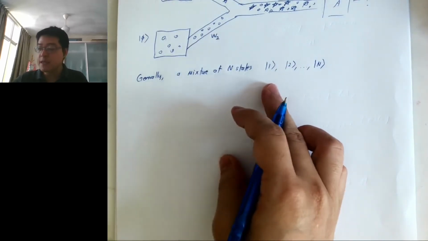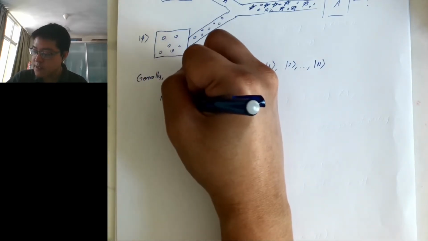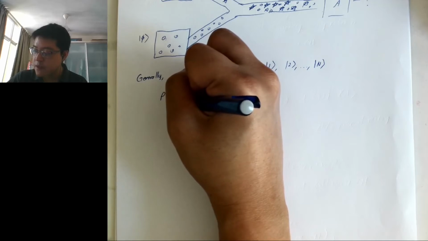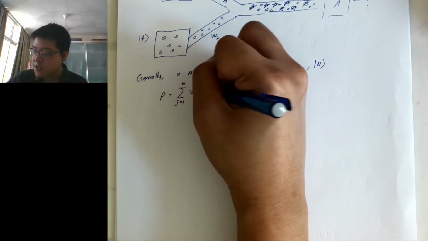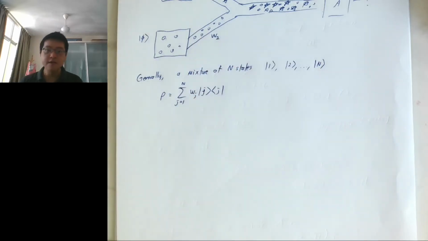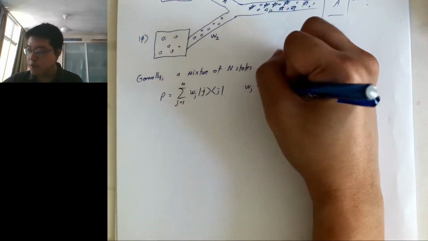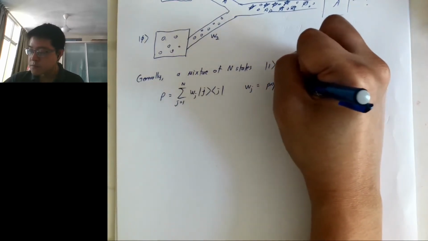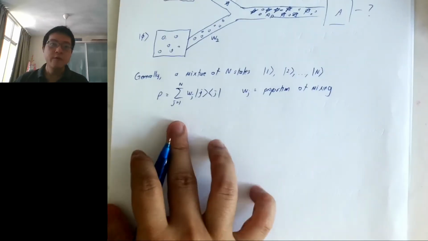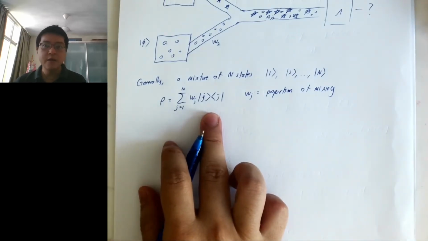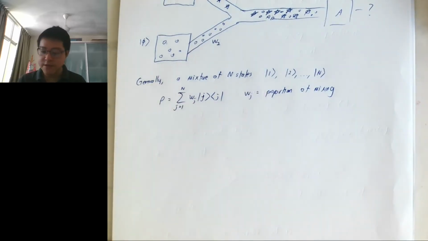So let's say we started with pure states, then my mixing of these together will be the summation over j from 1 to n of the weight w_j times |j><j|, right? So all these are states that you can mix together, and w_j is a proportion of mixing. So this is how, I guess now we know how to describe the mixed state. So it is generally written in this form. Right, so this is the proportion of mixing.